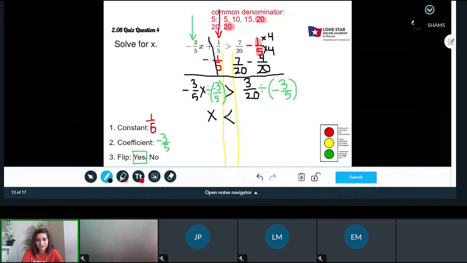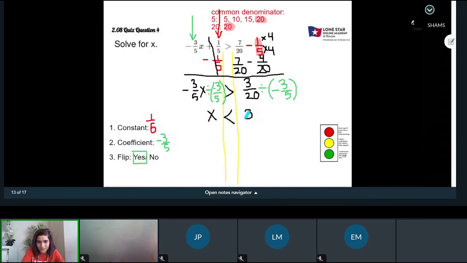I will use KCF. K, I keep the very first fraction, 3 over 20. I change division sign to multiplication sign, and I flip the next fraction, and the next fraction becomes 5 over 3.